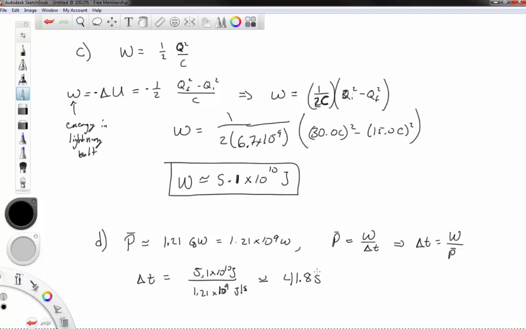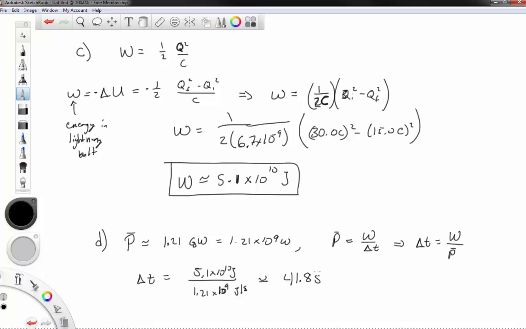So what does this tell us? Well, there's a variety of ways to look at this. Typically, the charge carried by one of these strikes is a bit less than the 15 coulomb number that I cited.